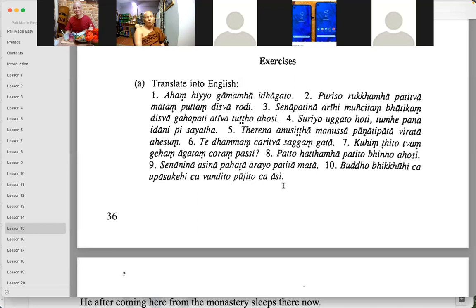So that is why, by learning this Pali Made Easy, we can read the original text with its help. Okay, so that is why doing the exercise is very important for us.